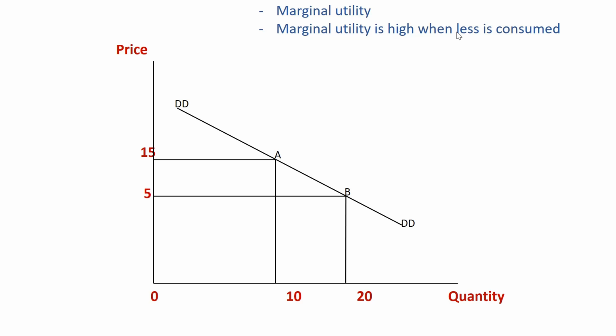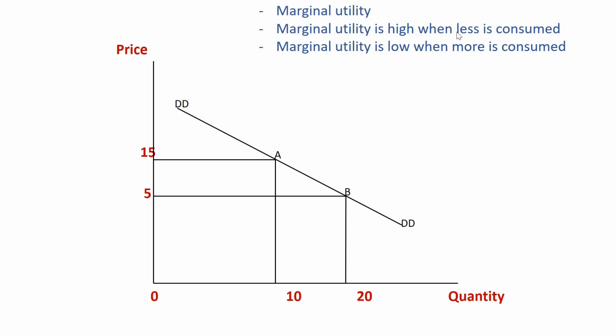This is to say that when you have less of a commodity, any extra unit that you get yields you a higher satisfaction. On the other hand, when you have more of a commodity, then marginal utility is low. Because when you have so much of a commodity, the extra unit yields you less satisfaction.